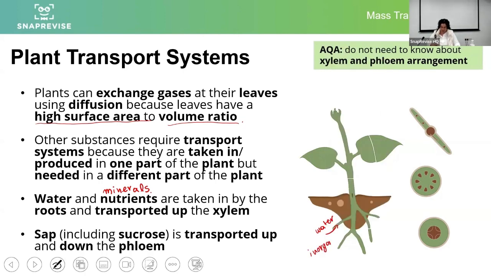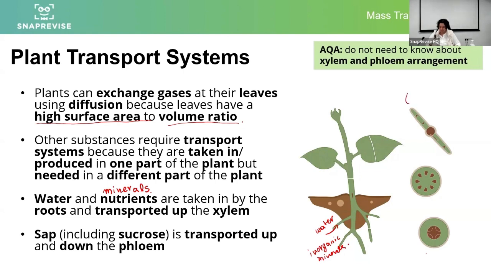So just make sure that you distinguish inorganic minerals. And of course, the sap, which is a mixture of water and sucrose, is transported up and down by the phloem. So the two vascular tissues transport different things.